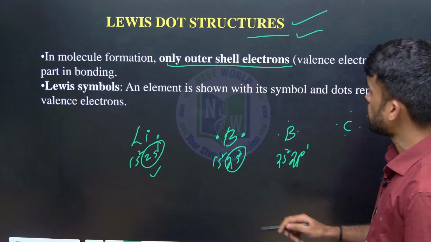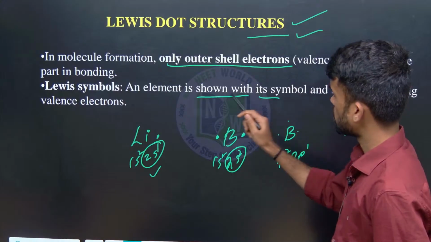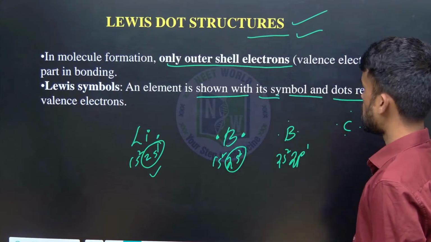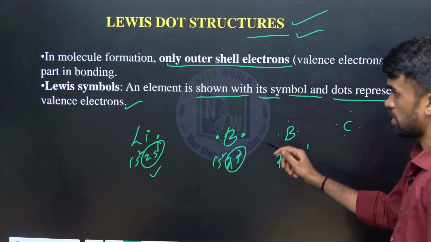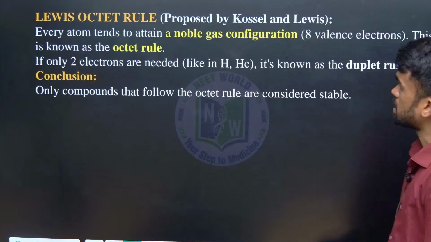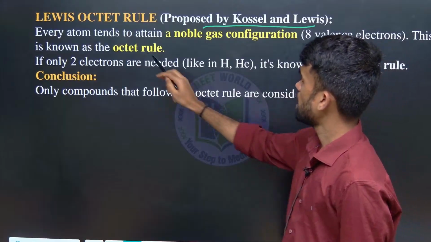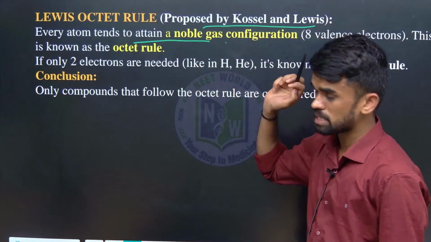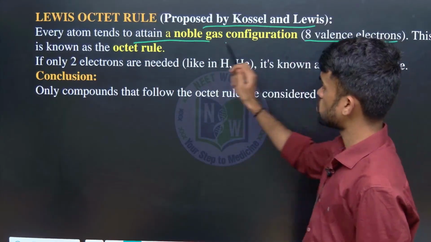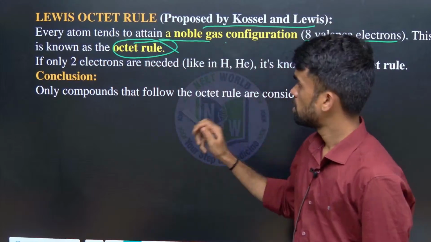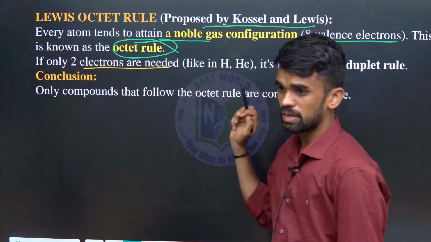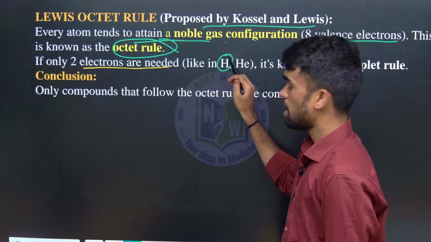An element is shown with its symbol, with dots representing the valence electrons, that is what we have written here. This is given by Kossel and Lewis. Every atom tends to attain noble gas configuration, 8 valence electrons, this is known as the octet rule. If only 2 electrons are present, we say duplet configuration, that is for hydrogen and helium.